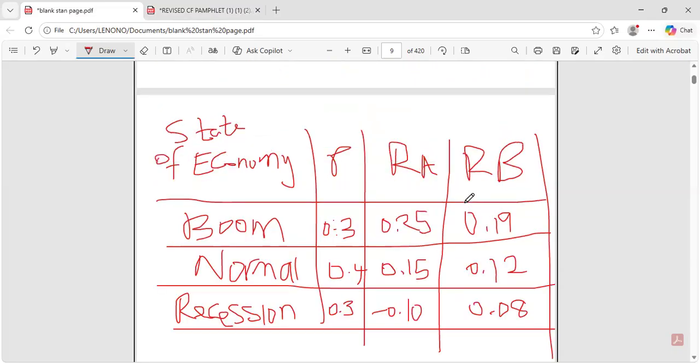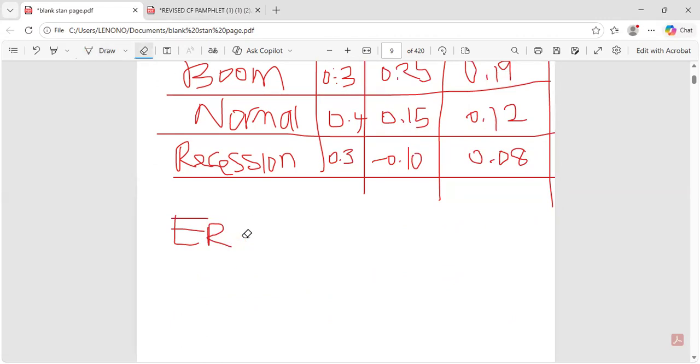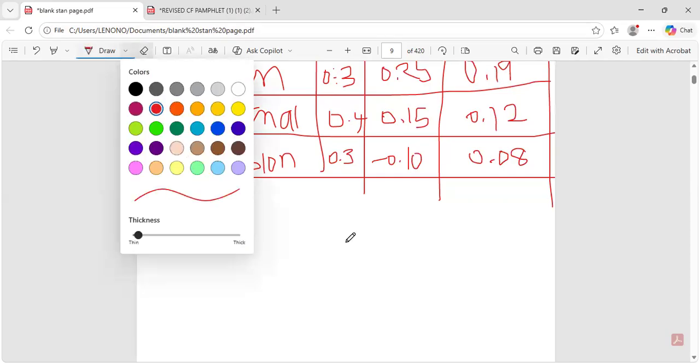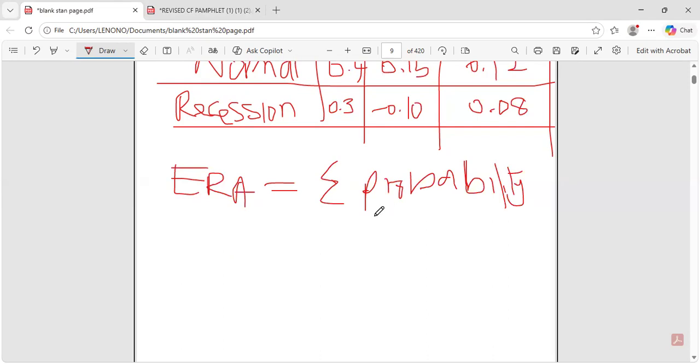Okay, so if you want to find the expected return of A, the expected return of A is equal to the summation of probability multiplied by the return.